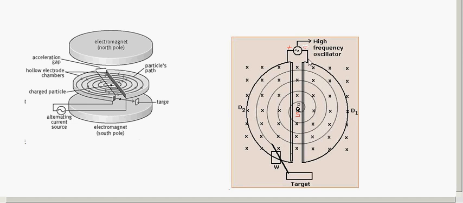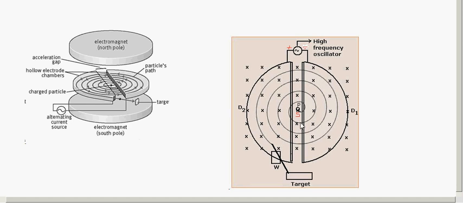Now in this case, the positive ion gets attracted towards D1, and during the movement inside this electric field, the electric force makes the particle accelerate, means it gains some energy or its velocity increases.